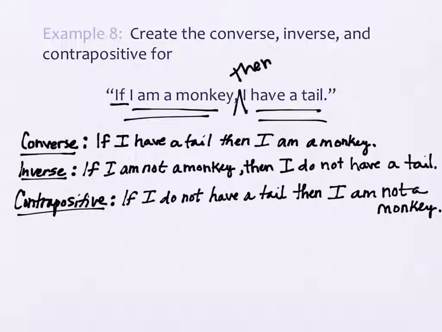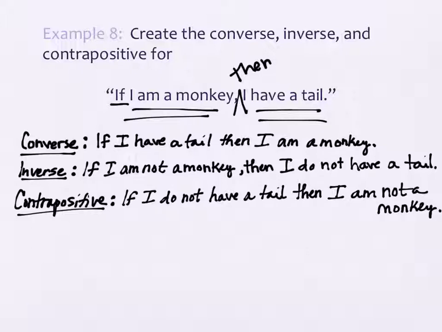Yeah, it is a true statement, especially according to the zookeeper that Larry saw in the video. So is it a true statement that if I have a tail, then I'm a monkey? No. And can you give me a counterexample? A cow, just like in the video, right?